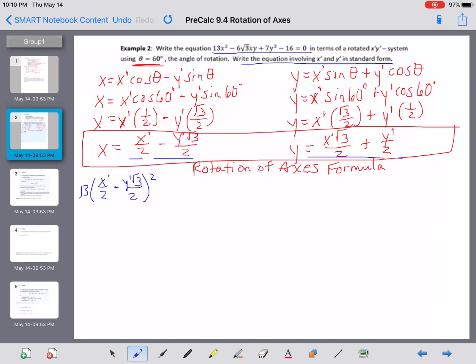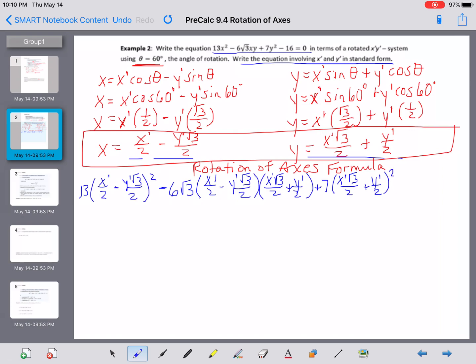Then next plug in minus 6 radical 3 times the x, so my x is x prime over 2 minus y prime radical 3 over 2 times the y, and my y is x prime radical 3 over 2 plus y prime over 2, plus 7y squared, so 7, and now my y squared, which is x prime radical 3 over 2 plus y prime over 2, and that is squared because my y was squared, minus 16 equals 0.